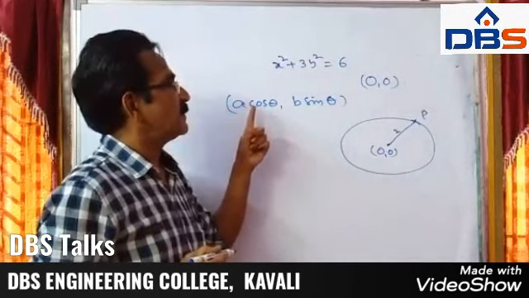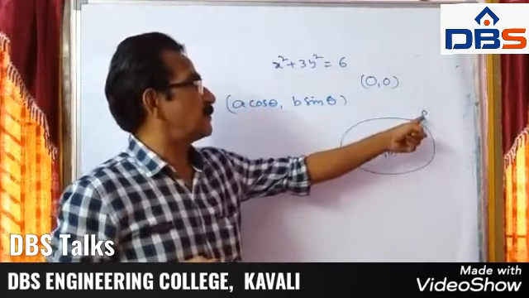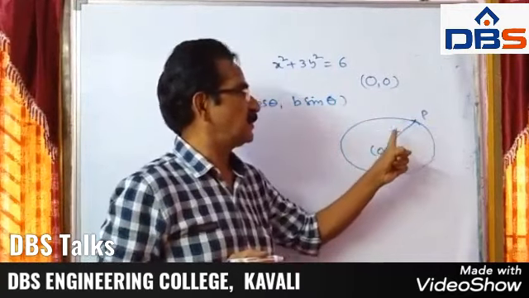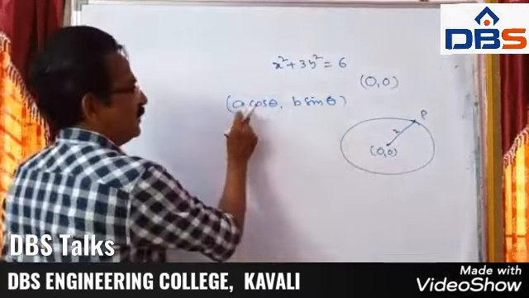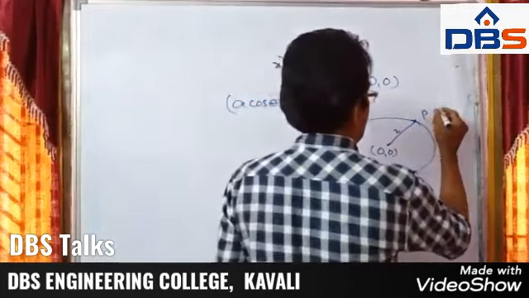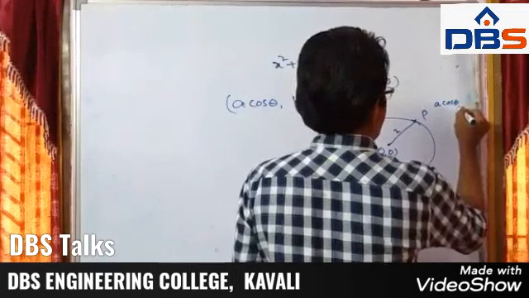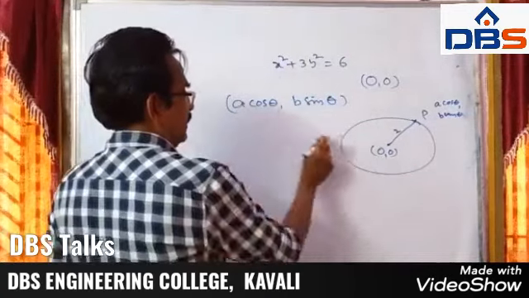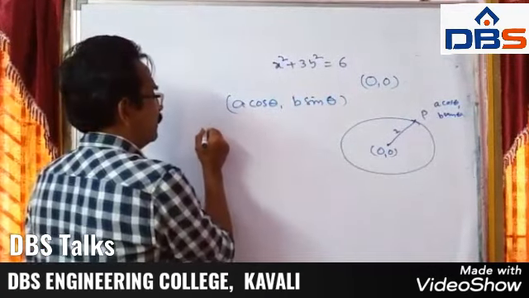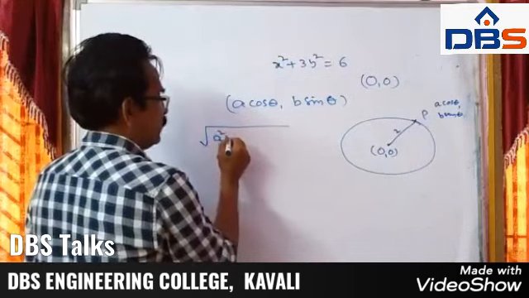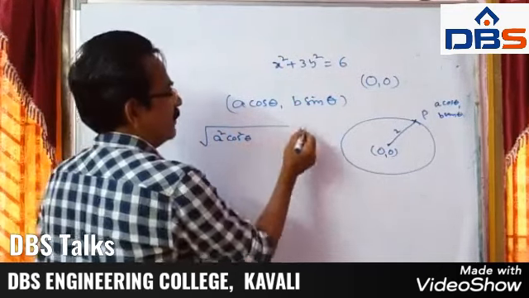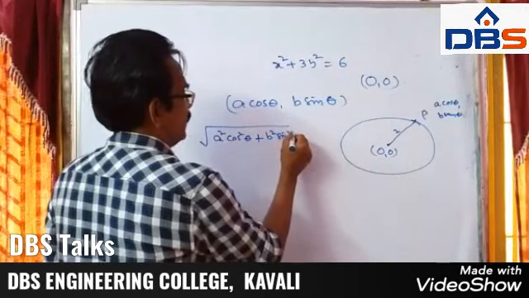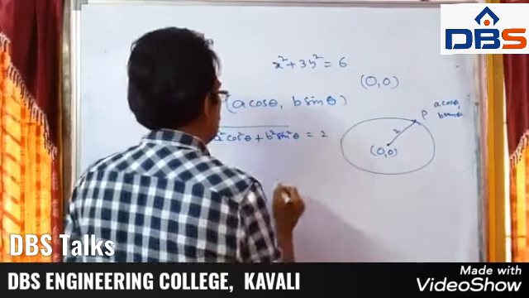The distance from this point to (0, 0) is 2 units. So the distance is the square root of (a cos theta minus 0) whole square plus (b sin theta minus 0) whole square, that is a square cos square theta plus b square sin square theta, is equal to 2.